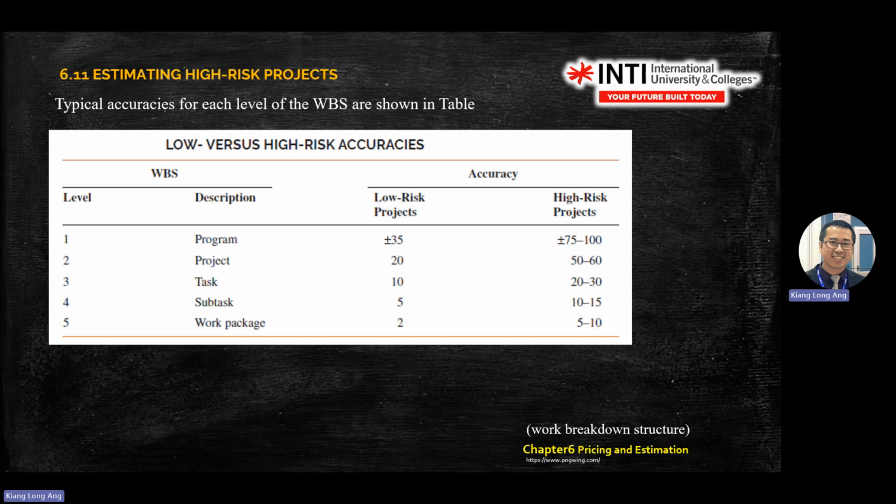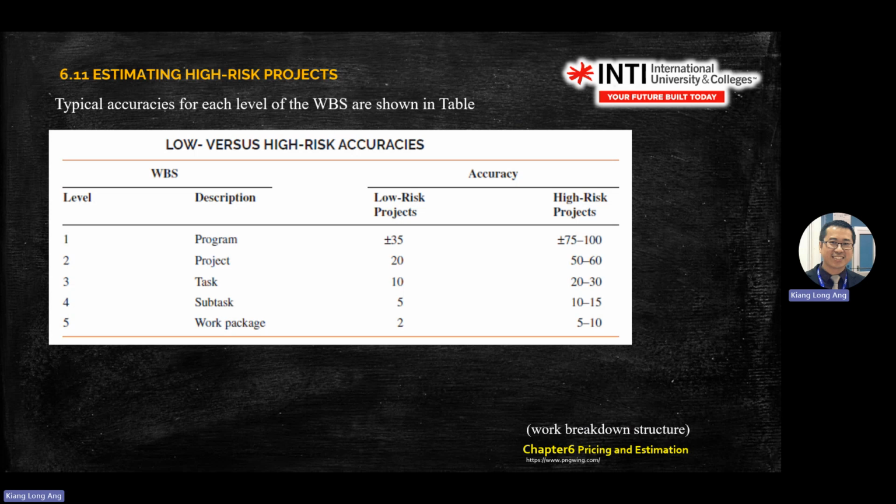High risk will be more than 75%. If it's a project, then the accuracy drops to 20%, and high risk will be 50%. And the work package here is level 5, technician. The accuracy will be very, very low, only 2%, and high risk will be 5%.